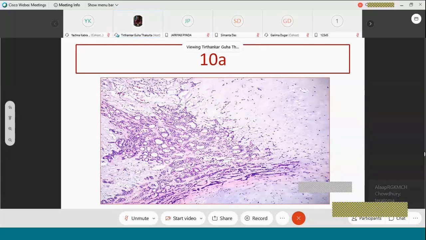This looks like a teratoma, but it is not a teratoma. It's a very close correlate of a teratoma. This is known as a mixed tumor or pleomorphic salivary adenoma.